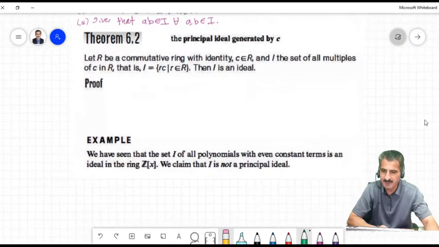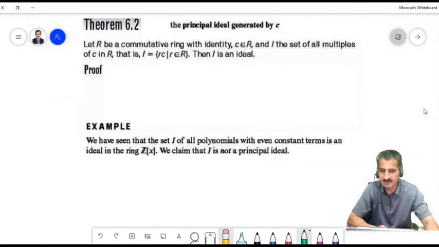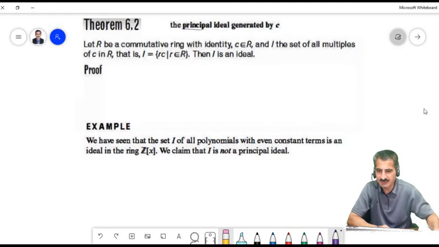Now a special kind of ideal, a very simple but important one, is called the principal ideal generated by C. What does that mean? Let R be a commutative ring with identity.